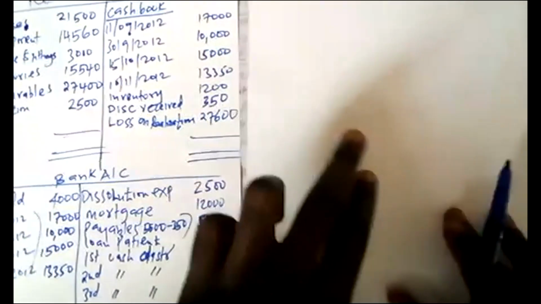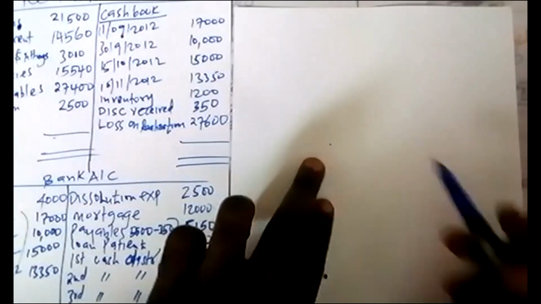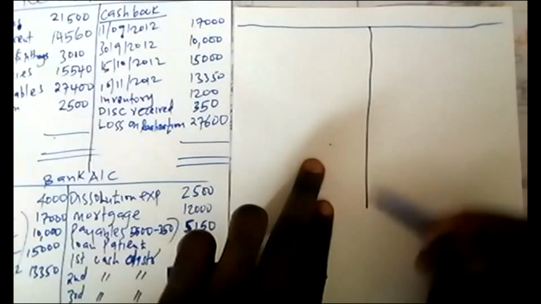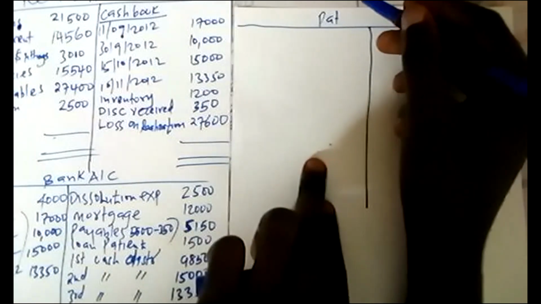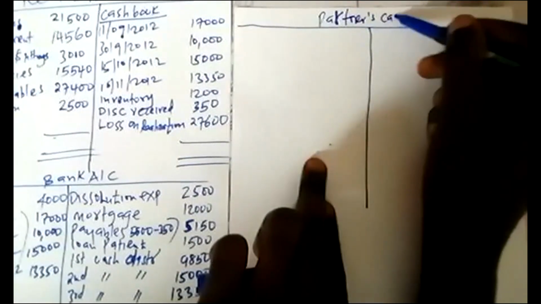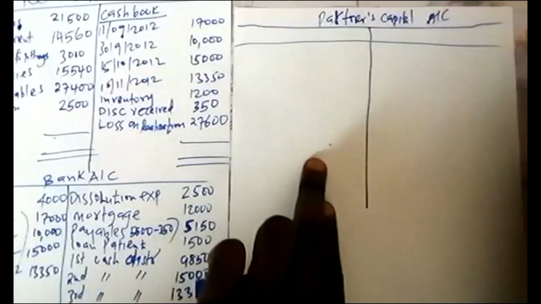Then finally, let us finish very fast because I saw that this question can be on one. So the last one is all about the partners' capital accounts.